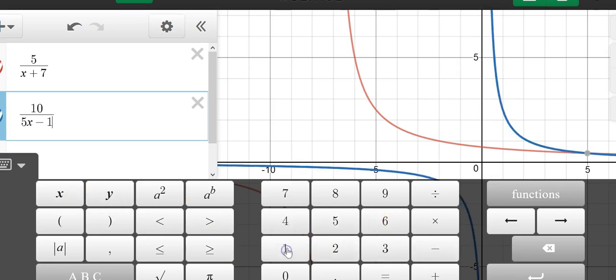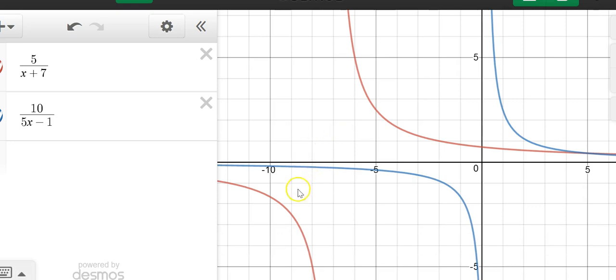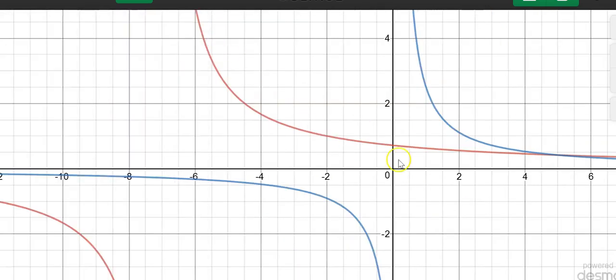Okay, so now those two graphs, the red graph is 5 over x plus 7 and the blue one is 10 over 5x minus 1. They are meeting at this particular point over here, x equal to 5, and y is 5 divided by 12, and that in decimal form is 0.417.